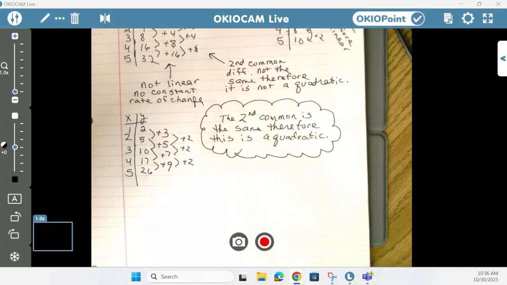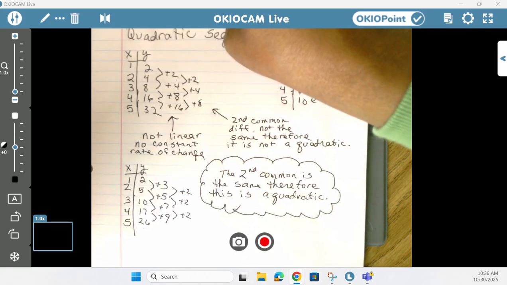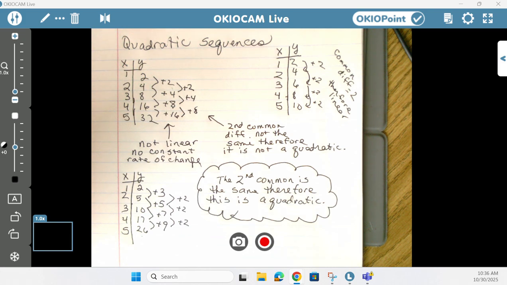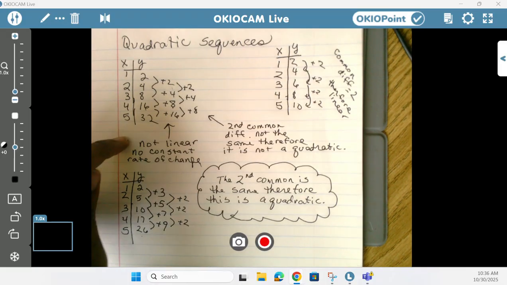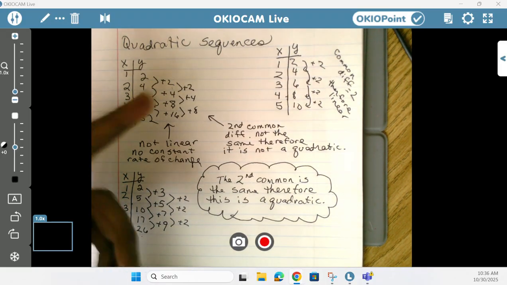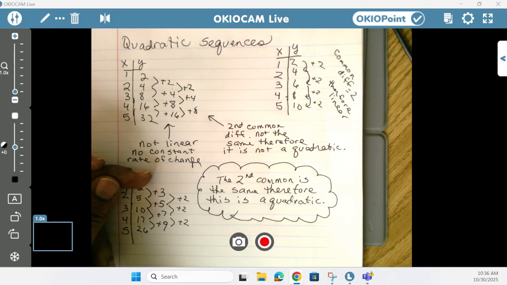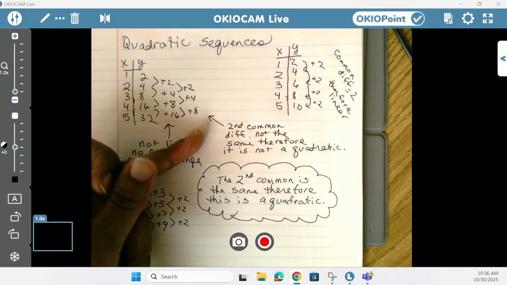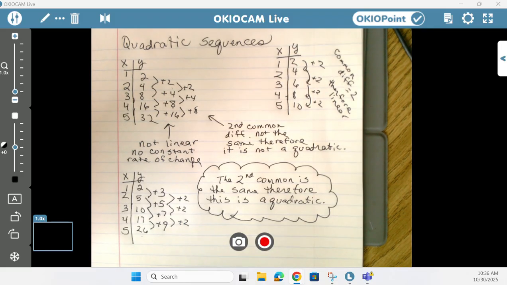Open Desmos. Alright, quadratic sequences. The first sequence we had was 2, 4, 8, 16, 32. We found the first common difference. We saw that it was not linear. We found the second common difference and saw that it's not quadratic.